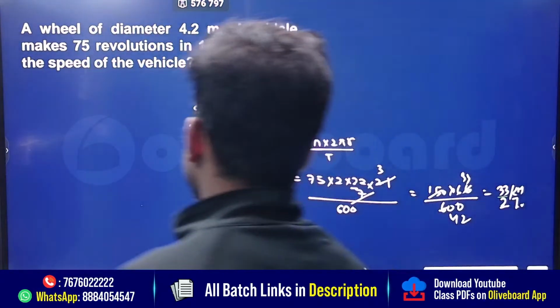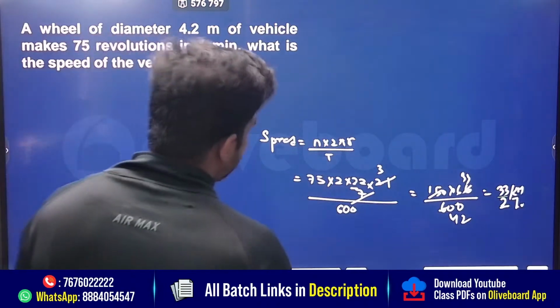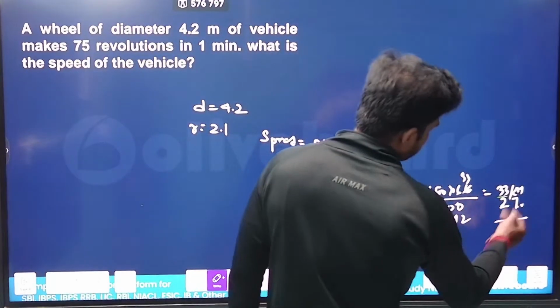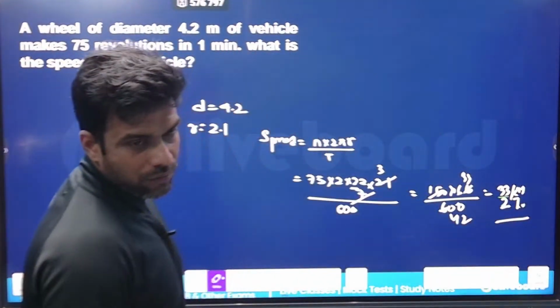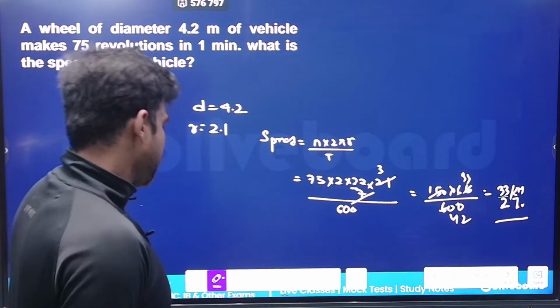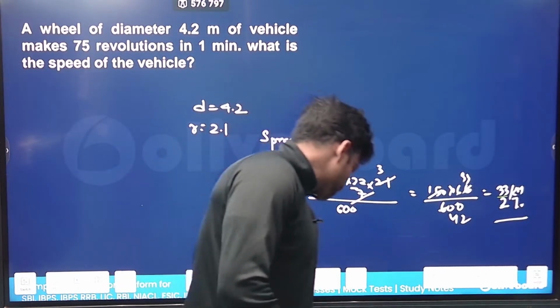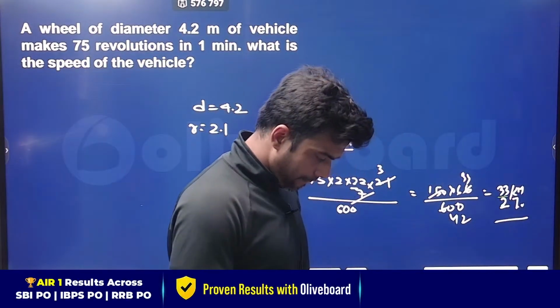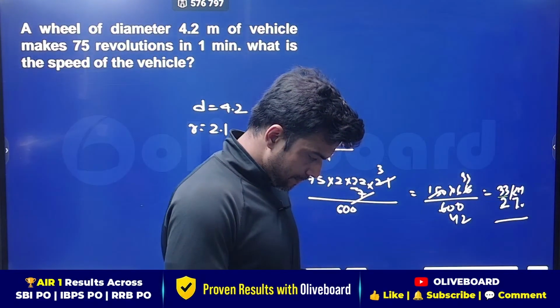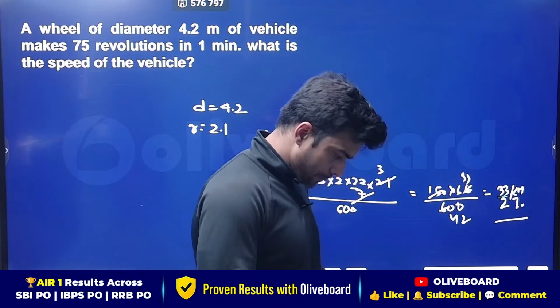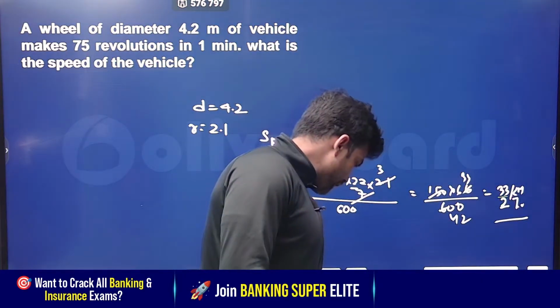Now they haven't asked anything, so my answer would be this, or you can also convert into kilometer per hour or whatever answer you want. Okay, clear? Clear, everybody? I think this is clear.